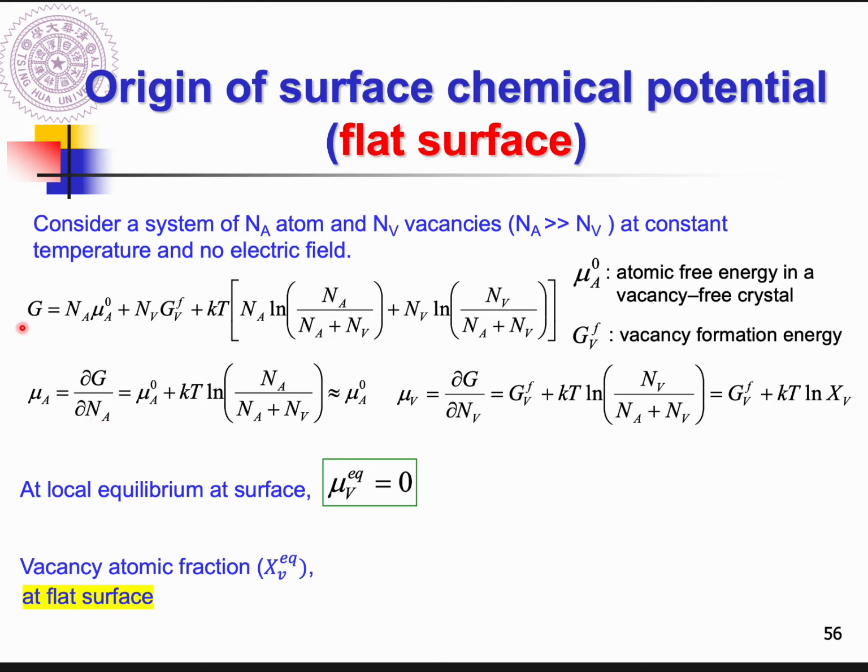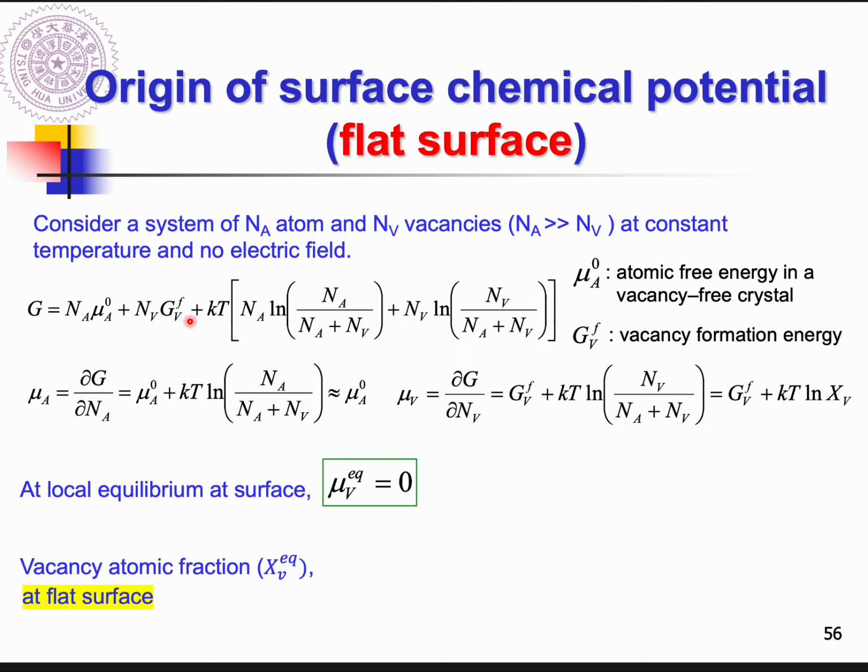So first of all, you need to formulate the total Gibbs free energy of the system, which will be expressed like Na times mu A0. Na is the number of atoms A times the atomic free energy in the vacancy-free material mu A0, plus Nv, the number of vacancies times the vacancy formation energy.